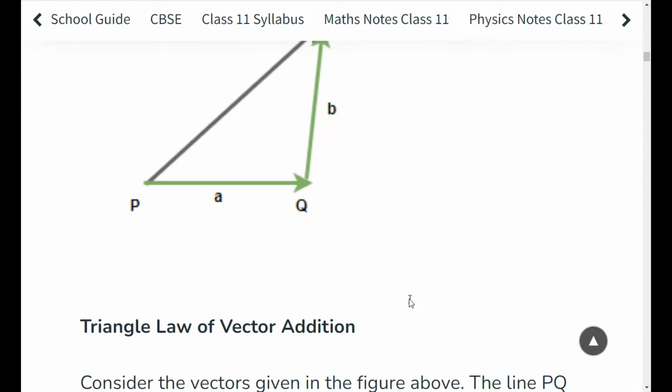This side, with this theta and these two sides, has one name, cos angle. So if I add all the thetas, what will be the total?